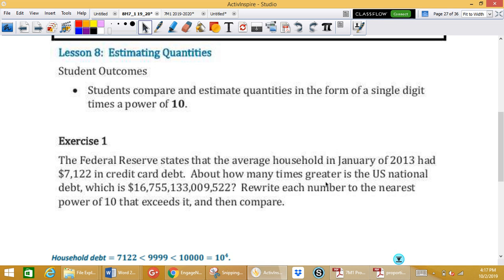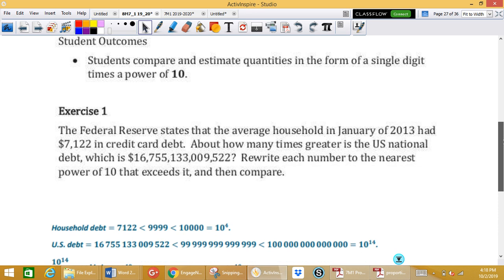About how many times greater is the national debt, which is, see, that's hundreds, thousands, millions, billions, trillions, 16,755,133,009,522. Rewrite each number to the nearest power of 10 that exceeds it, and then compare.